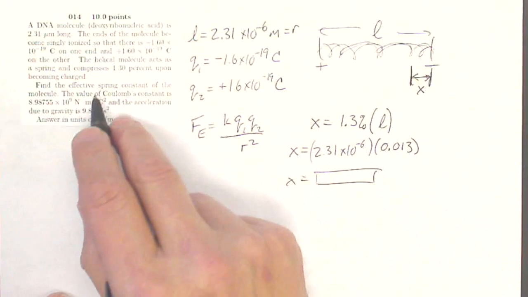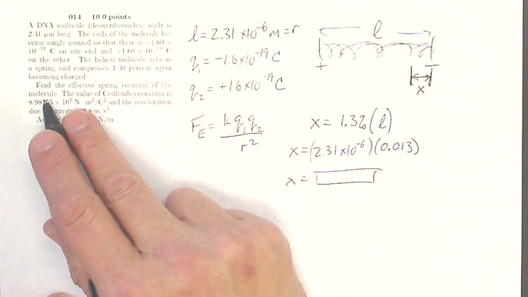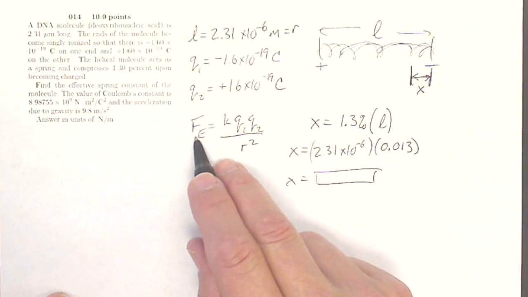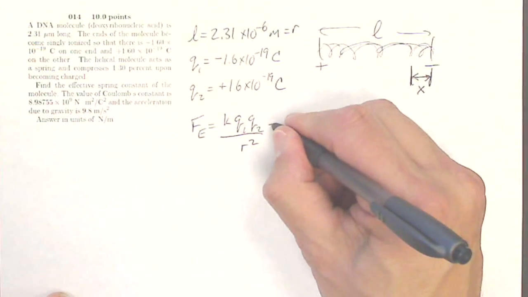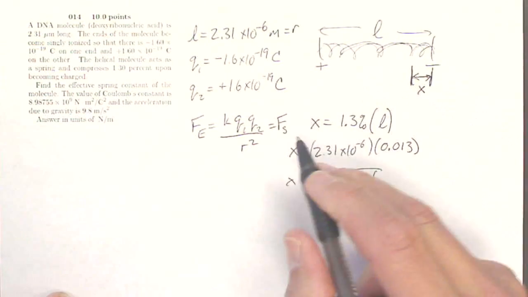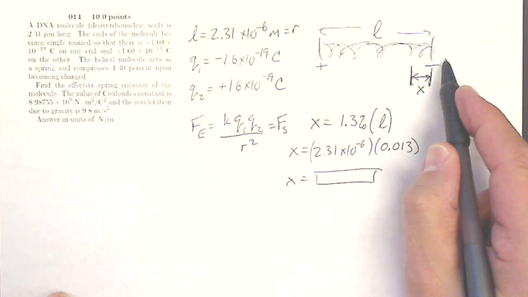Now I'm looking for the effective spring constant of the molecule. Well, the electric force is also going to be the spring force, because that's the force that the spring pushes back with.